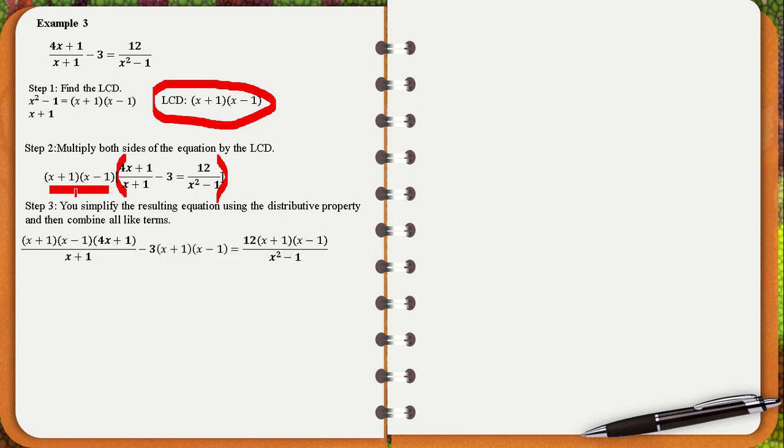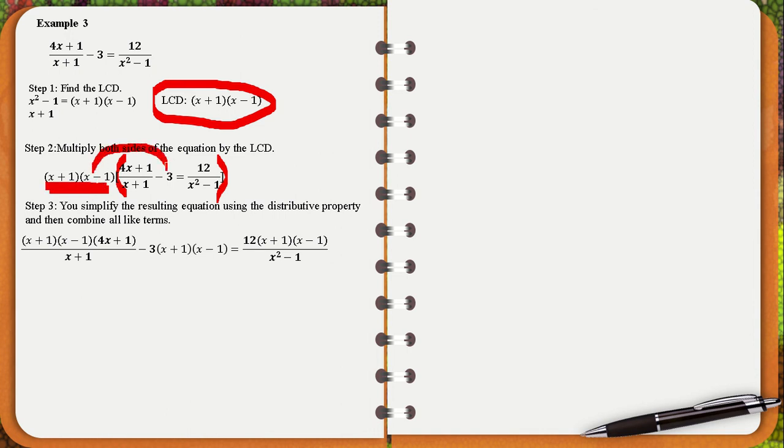So ganito po, yung LCD natin na quantity x plus 1, quantity x minus 1, minultiply natin dito sa numerator, kaya meron tayong quantity x plus 1, quantity x minus 1, and 4x plus 1 over yung denominator nito. Minus 3. So i-multiply natin itong LCD dito sa 3.